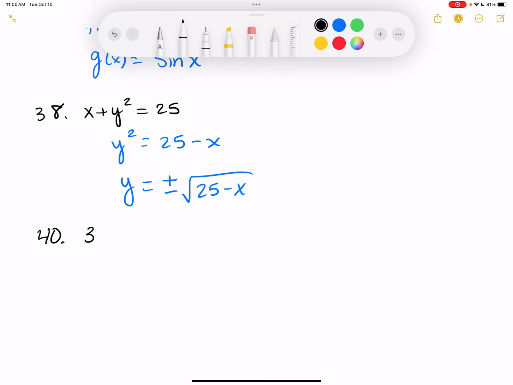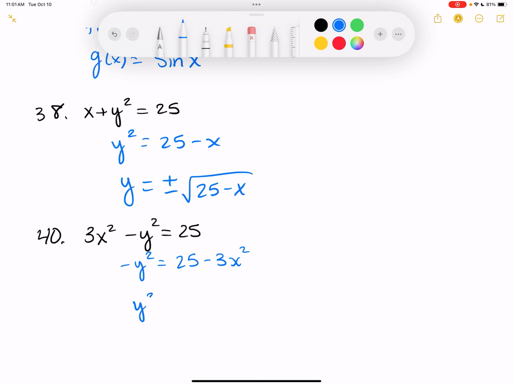40: 3x squared minus y squared equals 25. Basically, same thing. Subtract the 3x squared, so negative y squared equals 25 minus 3x squared. When I divide by the negative, I'm just going to flip the numbers so that I have the positive in front.